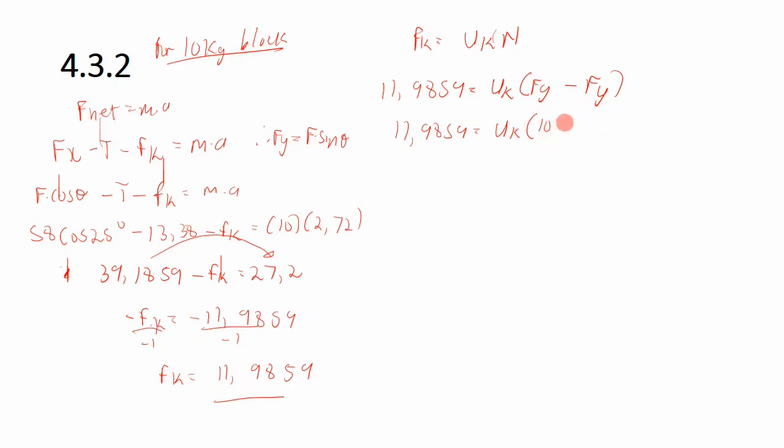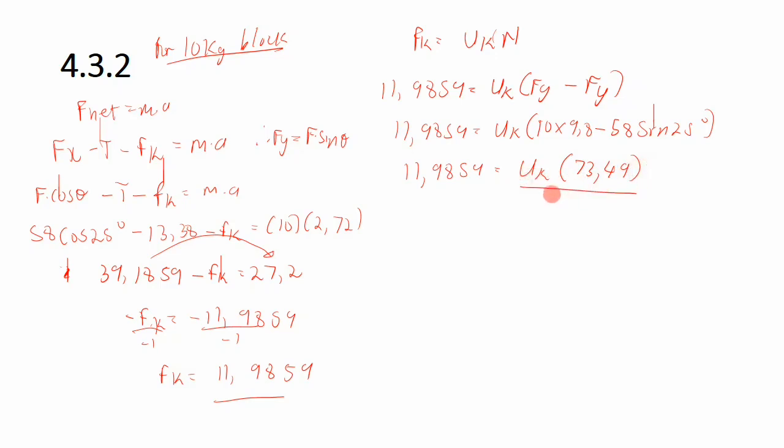So let me write it neatly for you. Okay, so now we have 11.9859 is equal to mu k, and then when we punch all that in a calculator, we have 73.49.